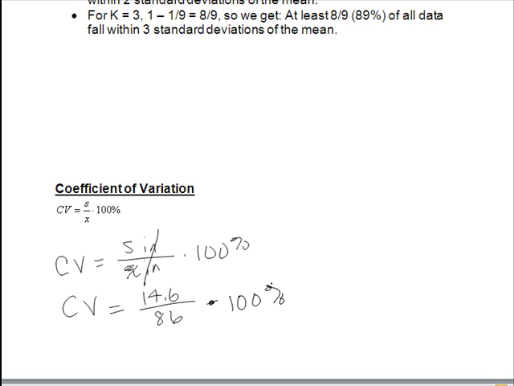So our 72, and that would equal, okay, it should be a mean that we're working with. We could also do it with sigma over mu. So if we take 14.6 and divide it by 72, I get 20.3%.